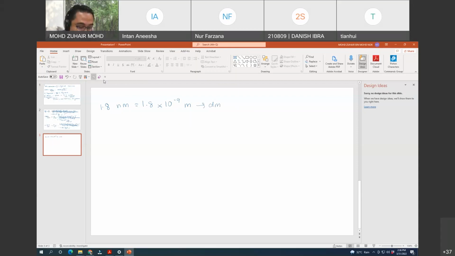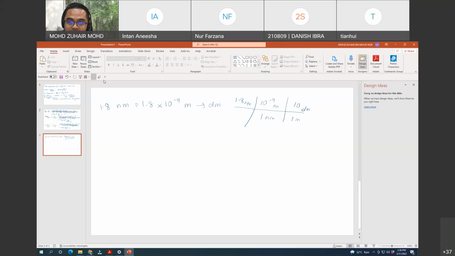So what we need to do is just a simple conversion. 1.8 nanometer, 10 to the power of -9 meter, and then we convert to decimeter, which is 1 meter equals 10 decimeter.